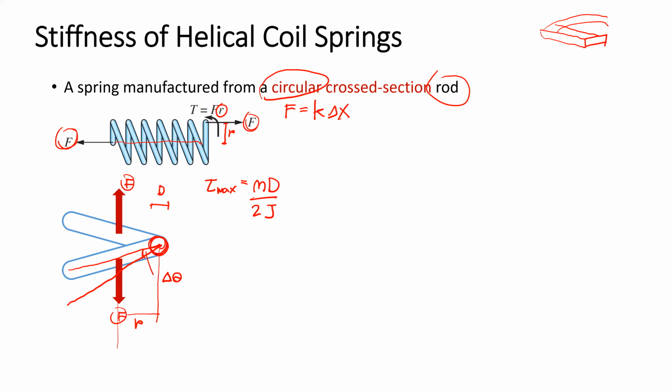Here is the steel rod that we make into the shape of a coil spring. If we extend the rod to see it as a cylinder, now we have a cylinder rod, but we make it to be a coil spring.